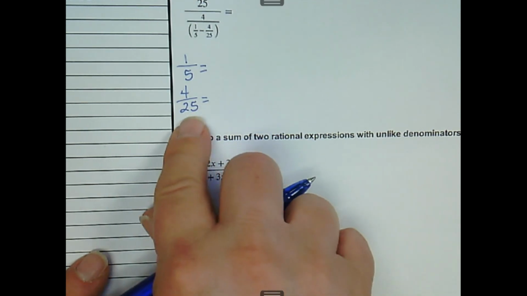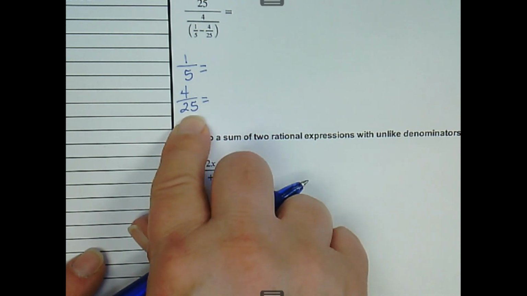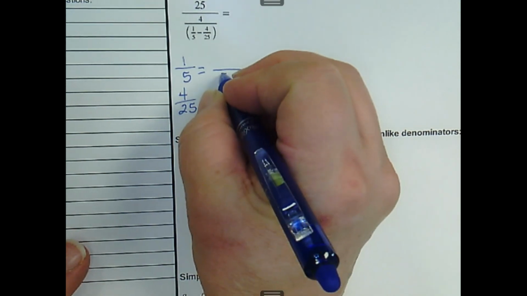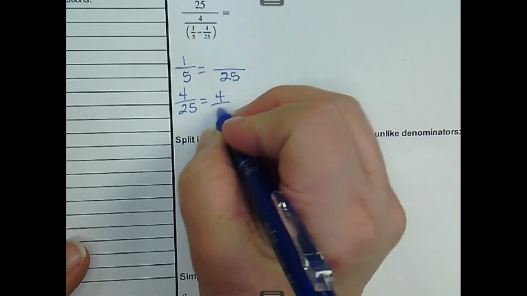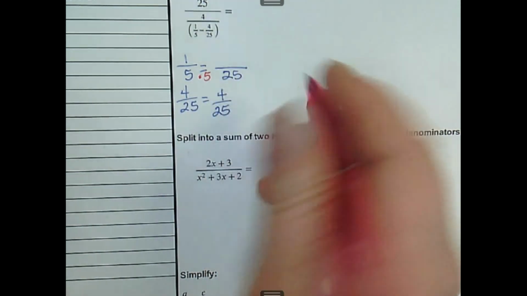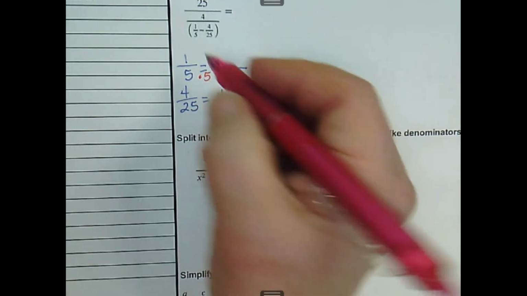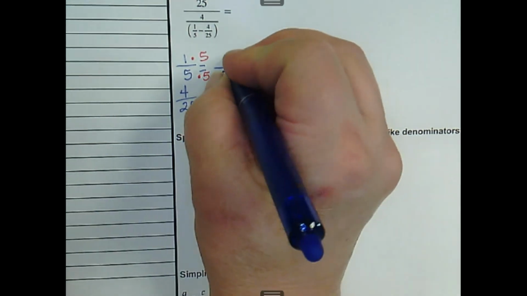Yes. So that means my least common multiple of 5 and 25 will be 25. So I've got to change this into something over 25. This one will stay the same. What do I multiply 5 by to get 25? 5 times 5 gives me 25. 1 times 5 gives me 5.